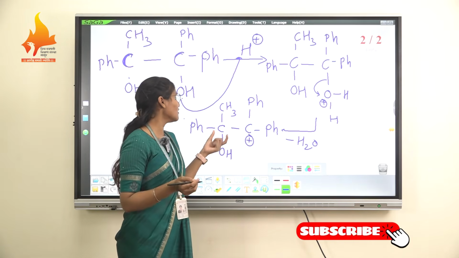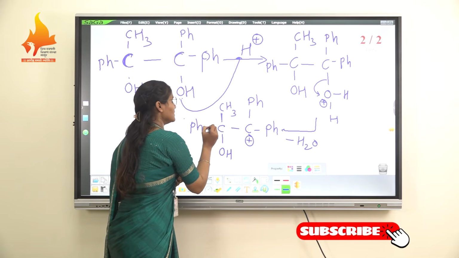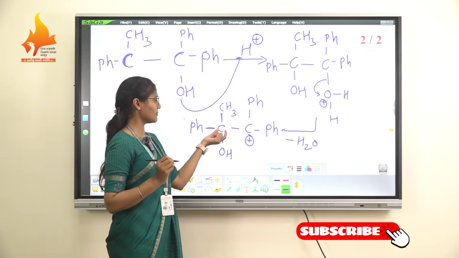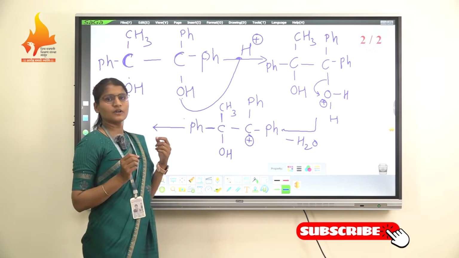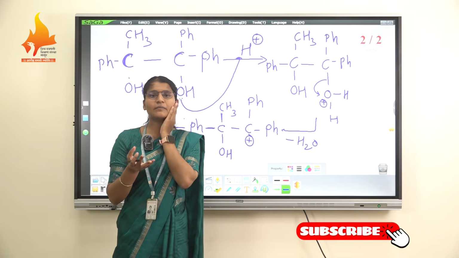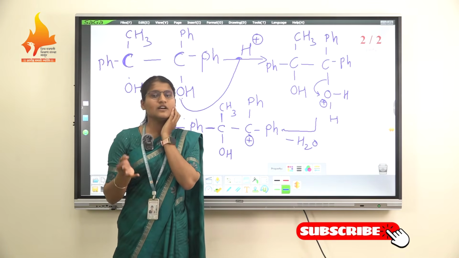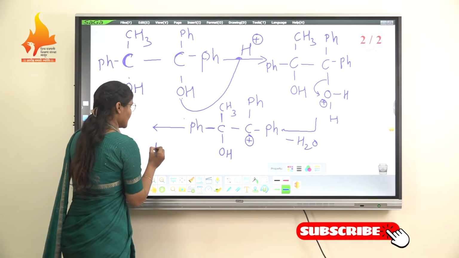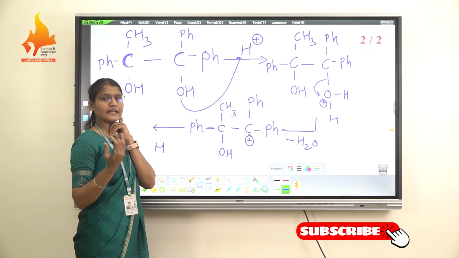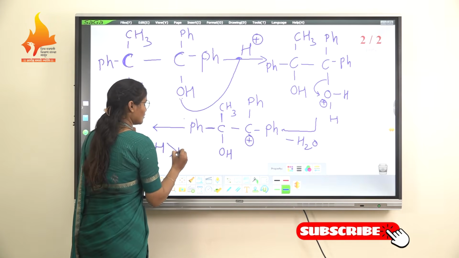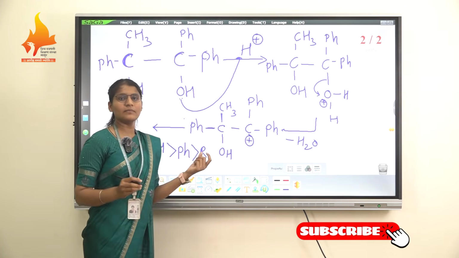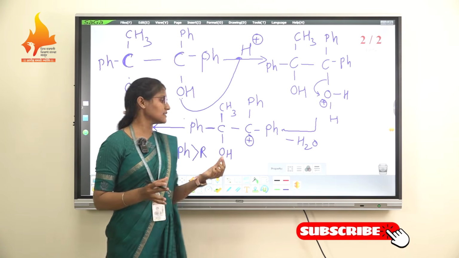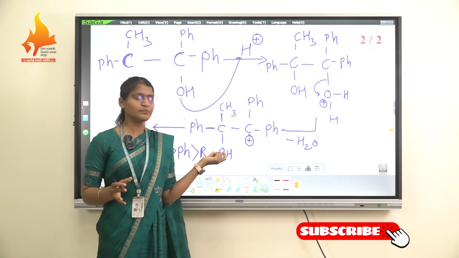After this, we have to migrate one of the groups from that carbon atom. So we will migrate the Ph group. How to determine which group will migrate? The migration aptitude will be, first H, then Ph, then R, where R may be any alkyl group, and this is practically observed.